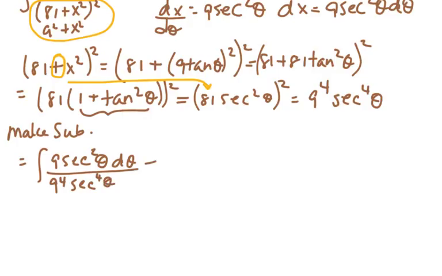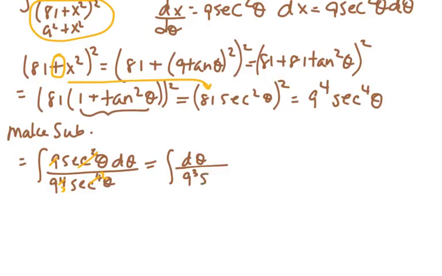So cleaning this algebraically and pulling things out, I am left with d theta on top. One of these is going to cancel out, and you're left with 9 cubed on the bottom, and this is left with a 2 here. So this is d theta over 9 cubed secant squared theta.